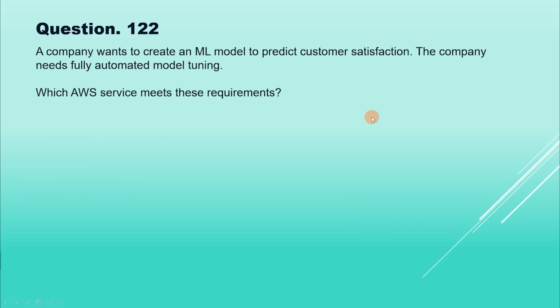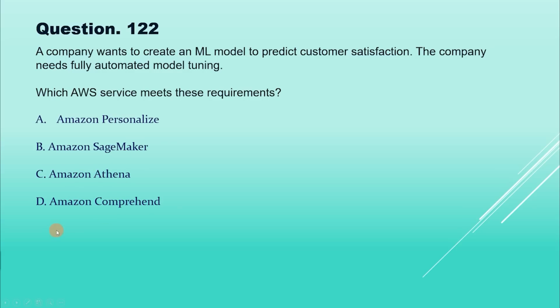Now question number 122. A company wants to create an ML model to predict customer satisfaction. The company needs fully automated model tuning. Which AWS service meets these requirements? Here are the options. Option A, Amazon Personalize. Option B, Amazon SageMaker. Option C, Amazon Athena. Option D, Amazon Comprehend.